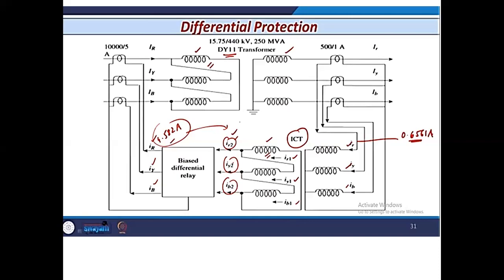So let us find out these currents. This is IR2, IY2, and IB2. Now these currents are 4.582, and these currents are 0.656 ampere.